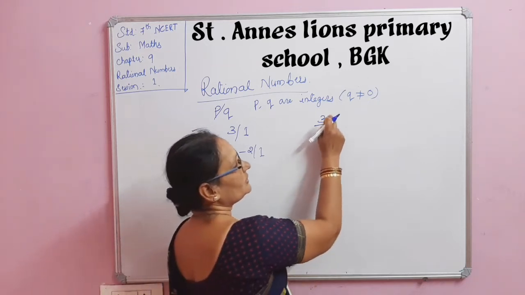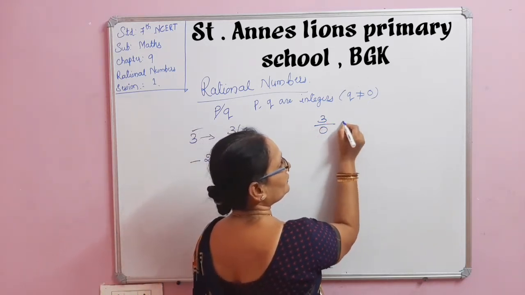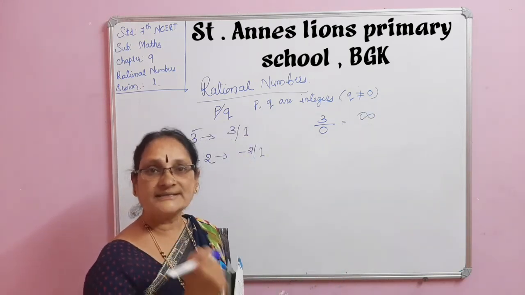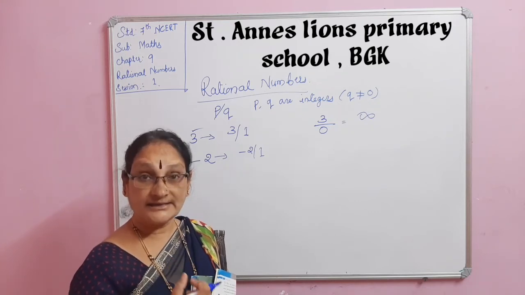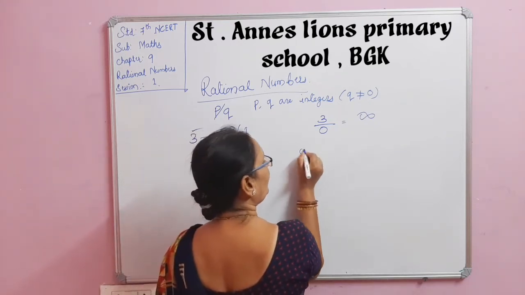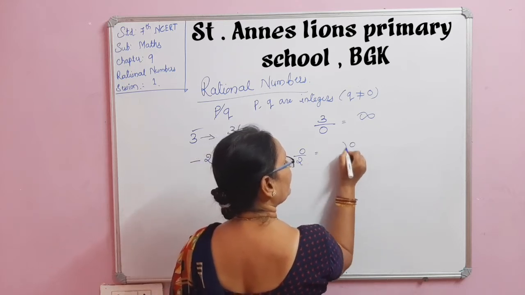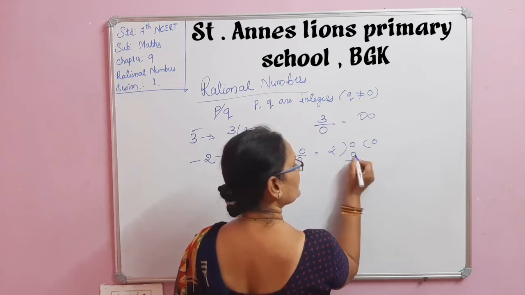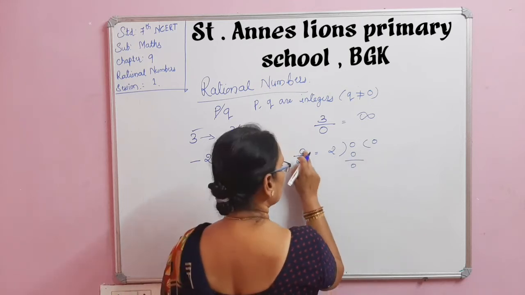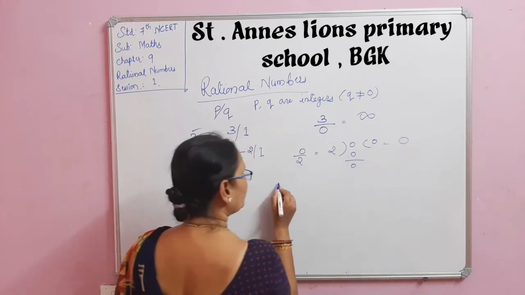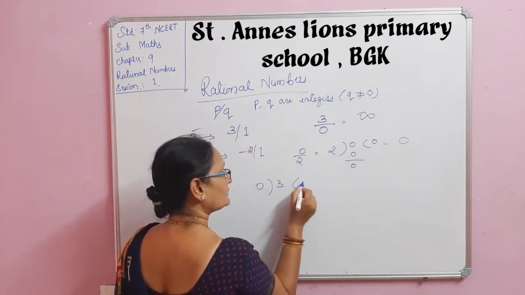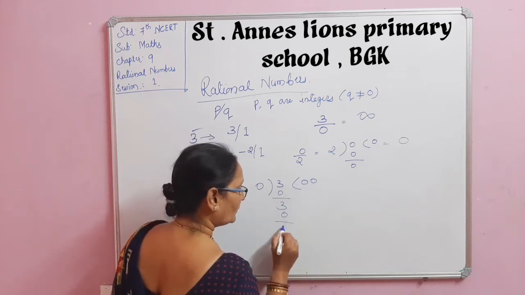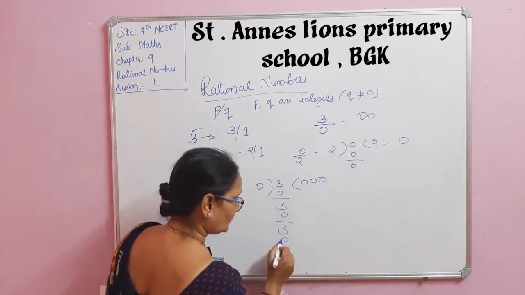See, 3 by 0, or any number divided by 0, is nothing but infinity. Why is it infinity? Suppose 0 by 2: you divide 0 by 2, 2 zeros are 0, so 0 by 2 is 0. Now suppose 3 by 0 and you just divide it. 0 zeros are 0, 3 remain. Again 0 zeros are 0, 3 remain. 0 zeros are 0, 3 remain.